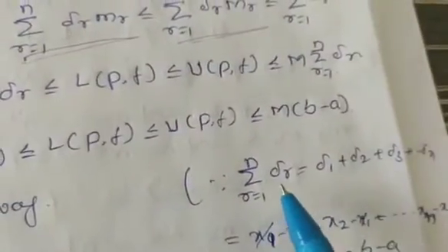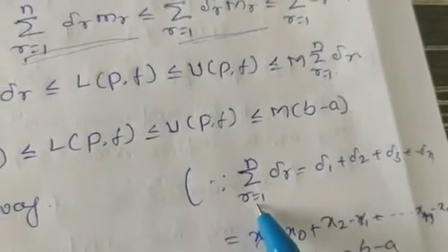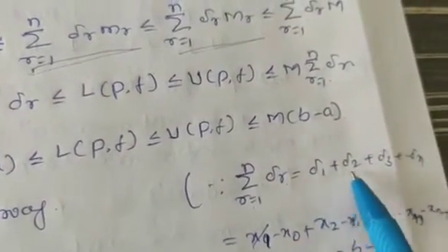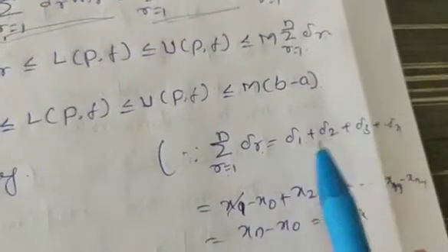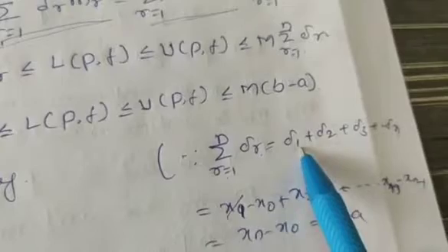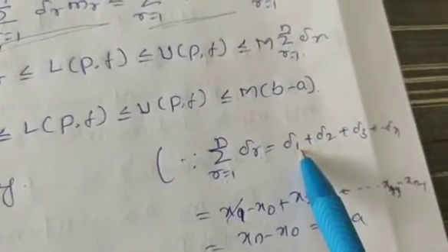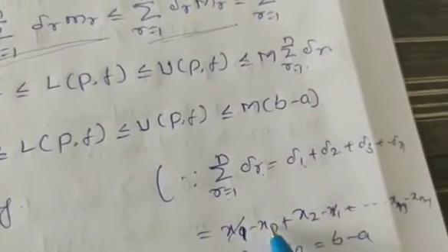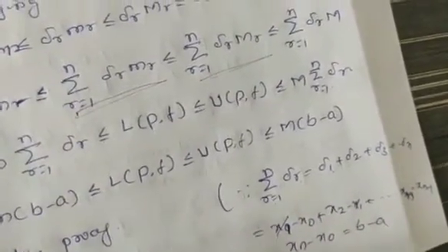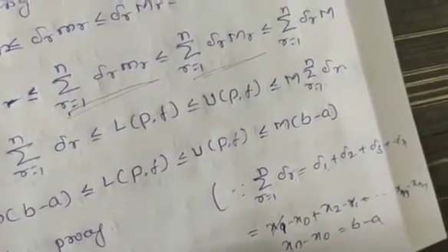We know that the sum of delta r from r equals 1 to n is b minus a. See how it equals b minus a. It is delta 1 plus delta 2 plus ... plus delta n. Delta 1 is the length of the interval I1, which is [x0, x1].